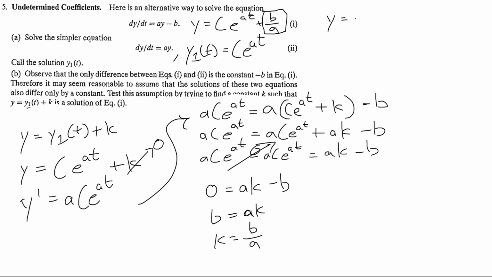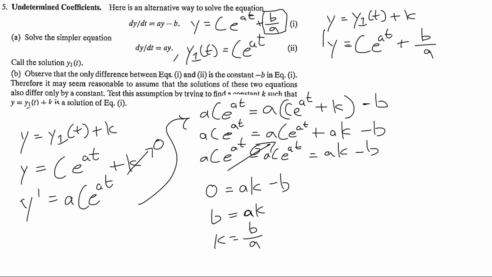So y is equal to y1(t) plus k. So let's just write this out. y is equal to y1(t), like we know, is just this, c e to the at, and here it says plus k, but k we just found out is b over a, so we're going to get plus b over a.